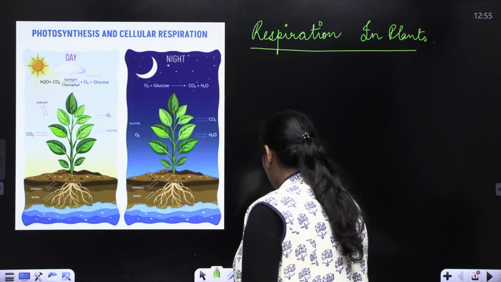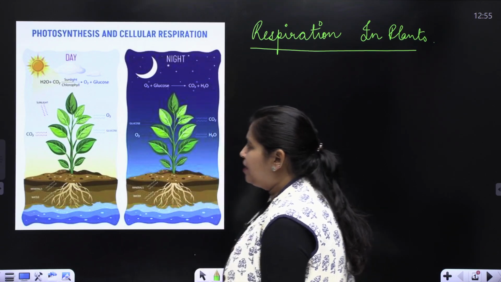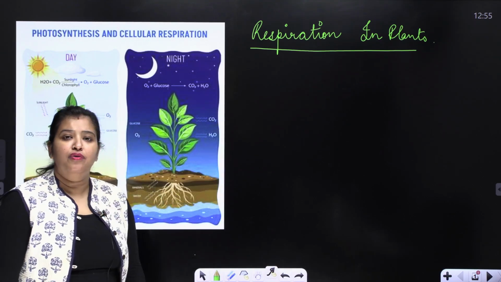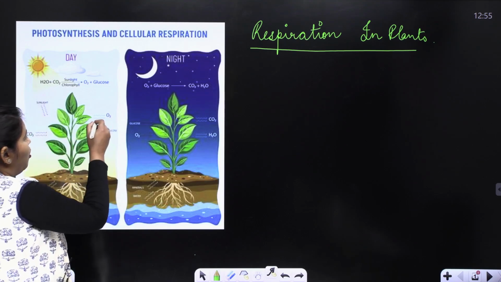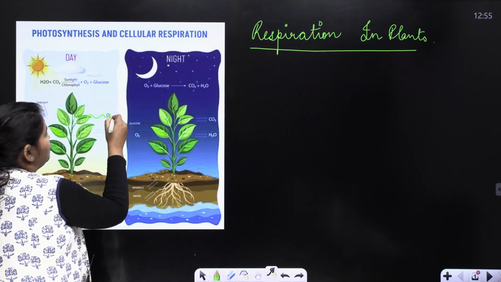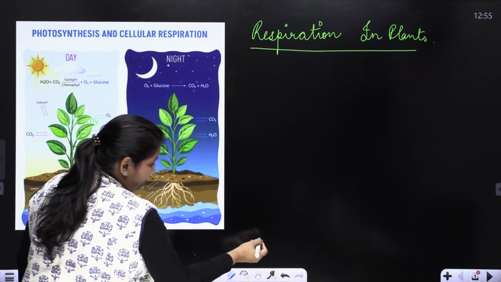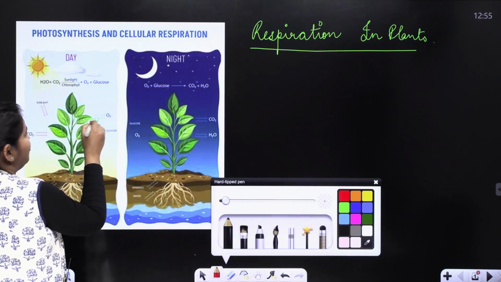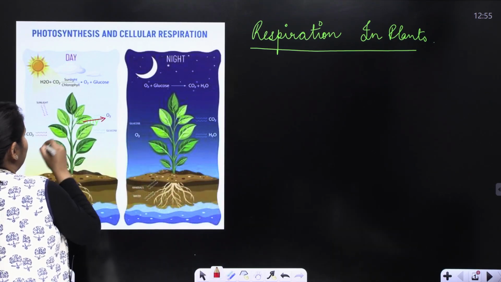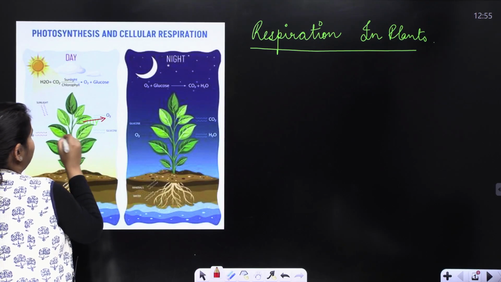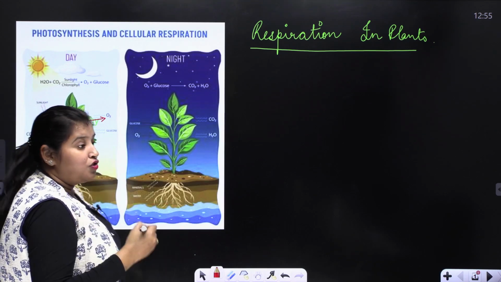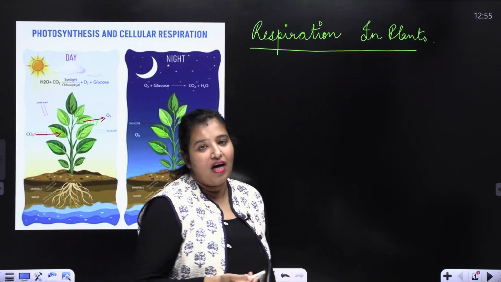Now, in case of plants, we've already understood when we were studying nutrition that oxygen is given out, water is split and carbon dioxide is taken in to produce carbohydrates.